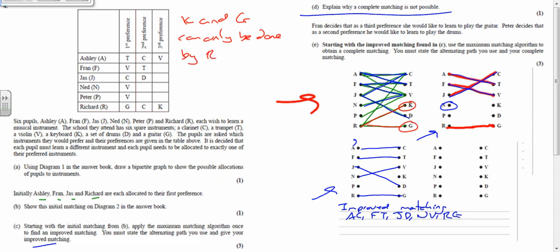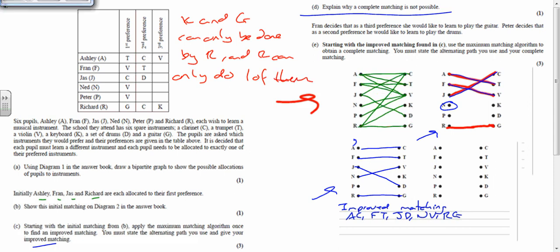And why is that a problem? It's because Richard could only do one. Of course, what you could have said on that last one as well is that the violin can only be done by Ned and Peter. It's exactly the same thing.